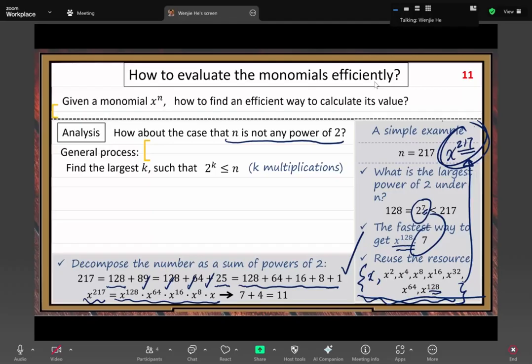And you know, 2 to the k plus 1 is strictly greater than n. Because in that way you get the largest power of 2 less than or equal to n. Otherwise, if this inequality is not true, you can increase that k number.